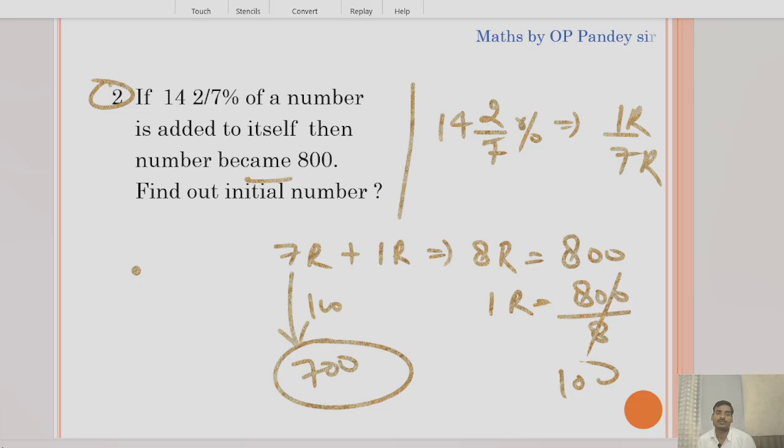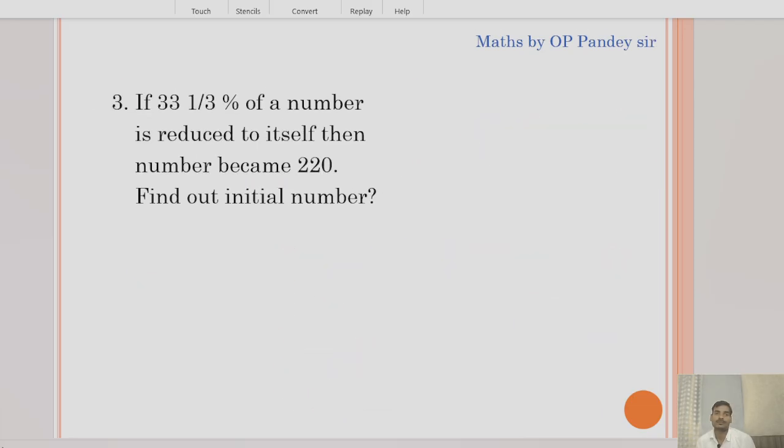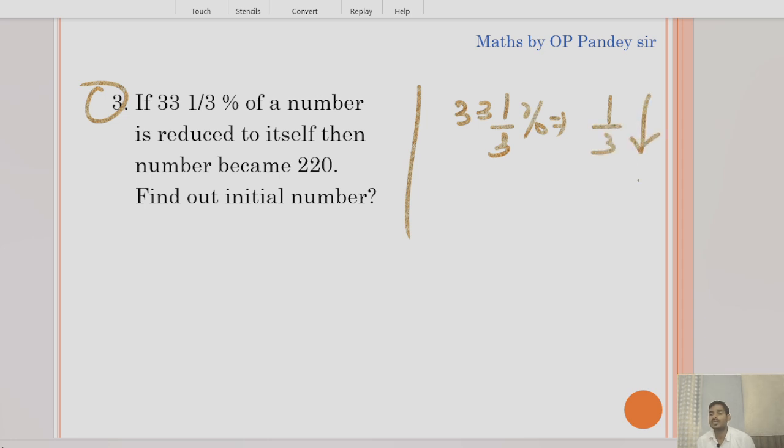Please see the next question. If 33 1/3% of a number is reduced from itself. 33 1/3%, change it into fraction form, that is 1 divided by 3, reduced from itself. So original number is how much? 3 ratio and reduced 1 ratio.